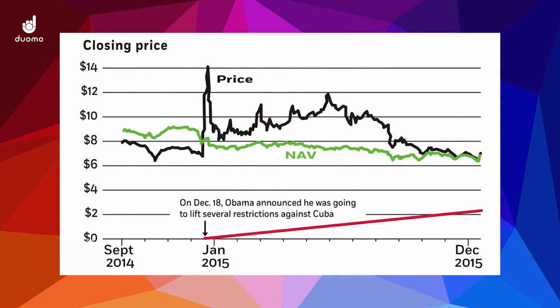A, that would be illegal. And B, there are no securities. So its holdings of Cuba are zero. And for many years, it traded at a discount of about 10 to 15% of net asset value, meaning that you could buy $100 worth of their assets for $85 to $90, which is a good bargain. Then, if we look at the chart, all of a sudden, one day, the price skyrockets and it sells for a 70% premium.